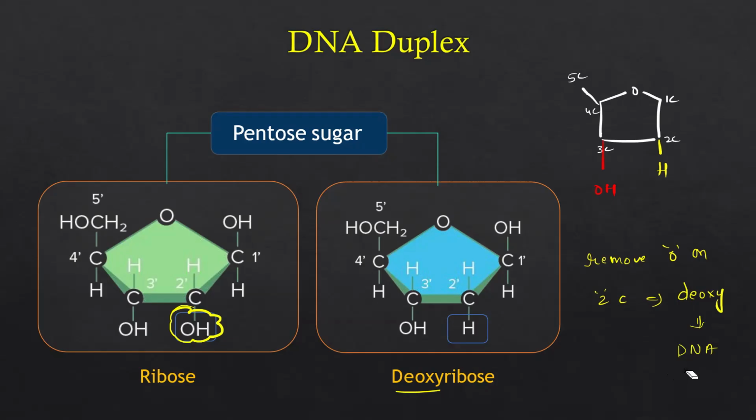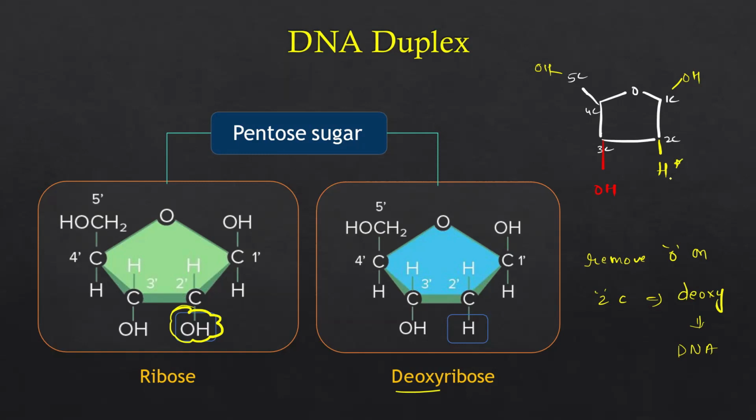DNA is made up of deoxyribose sugar, whereas RNA contains ribose sugar, where on the second carbon OH is present. On the first carbon, you will have the base, and on the fifth carbon, you will have the OH group, which will be helpful for attaching to the phosphate group. We'll see that. But remember, this is the important thing.